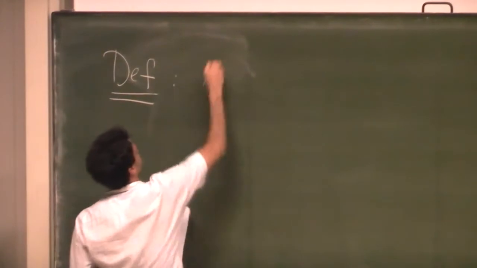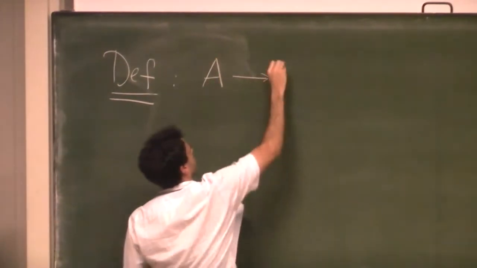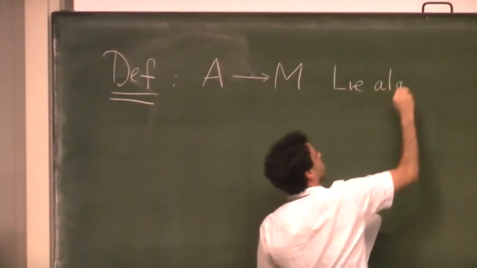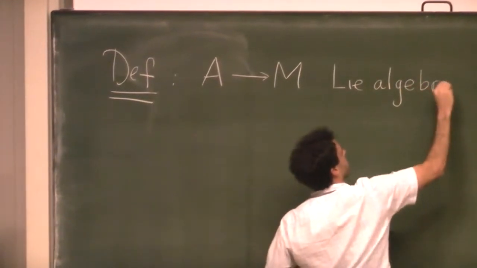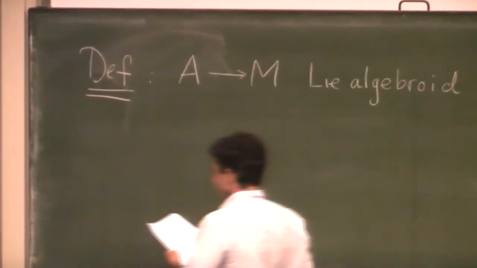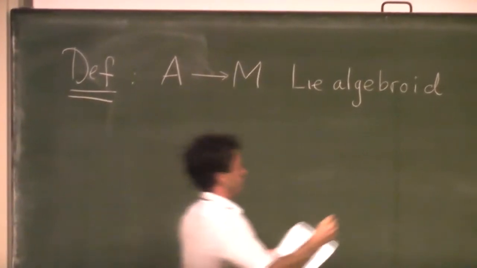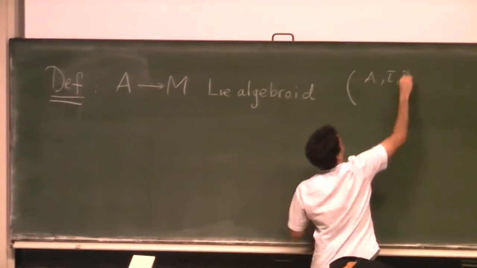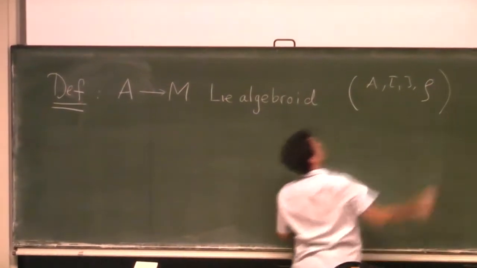So suppose that you have a Lie algebroid now, with the bracket and the anchor.